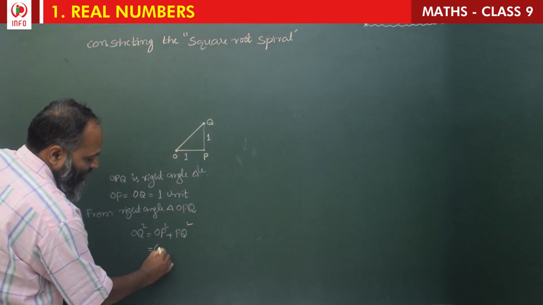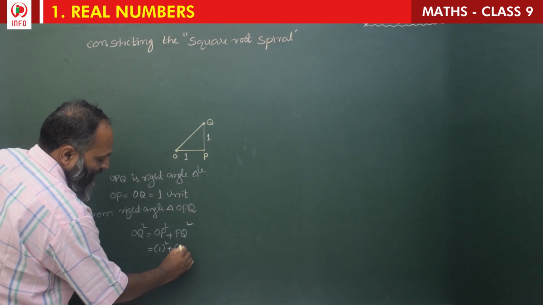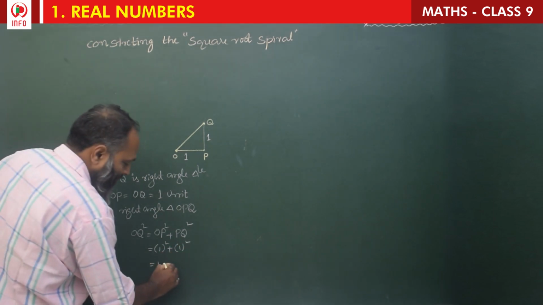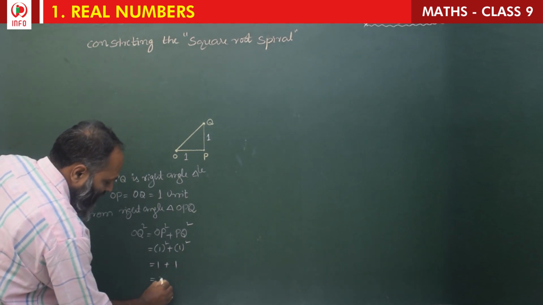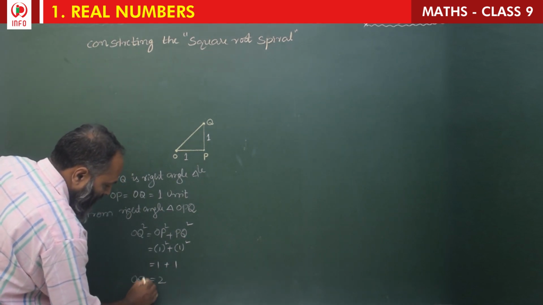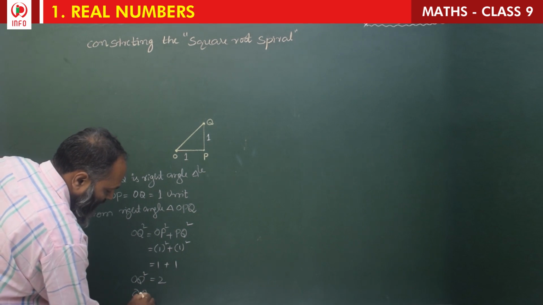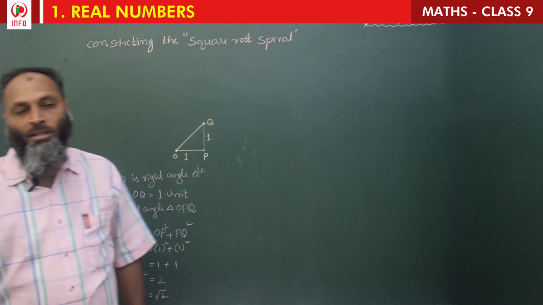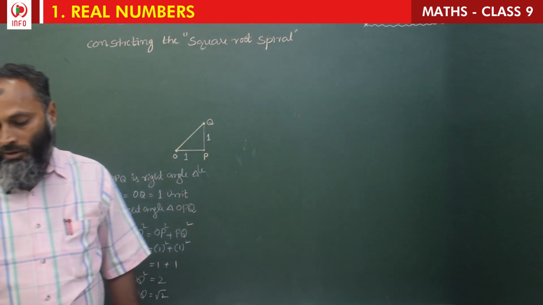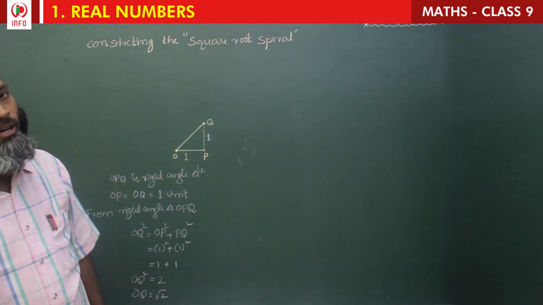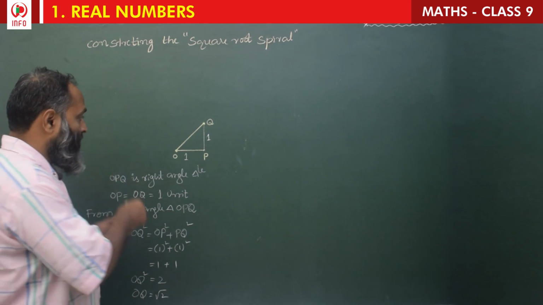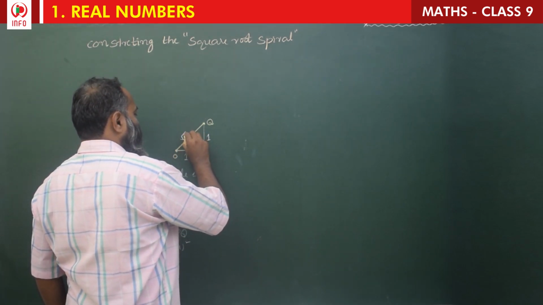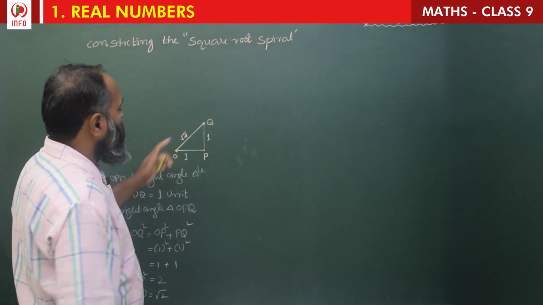OP square is 1 square, PQ square is 1 square, 1 plus 1 is 2, OQ square is equal to 2, OQ is equal to square root 2.